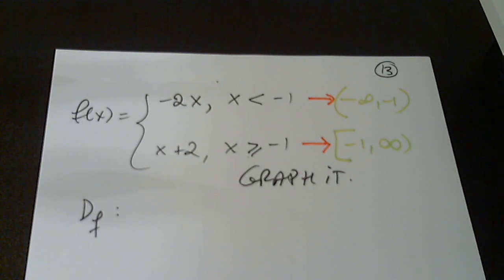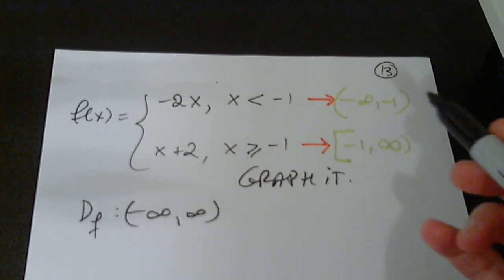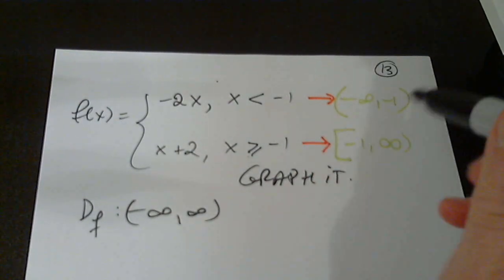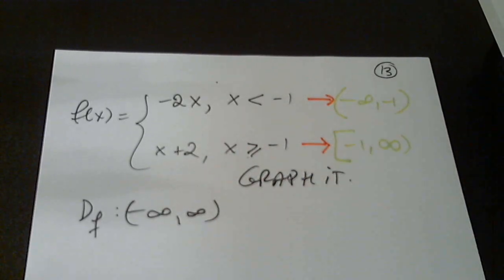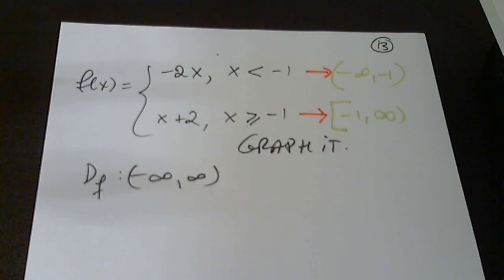It's okay if you're wrong. It's everything, right? That's why I said everything to the left of -1, -1, and everything to the right of -1. Is that okay?